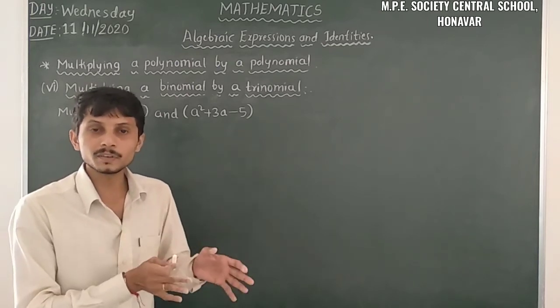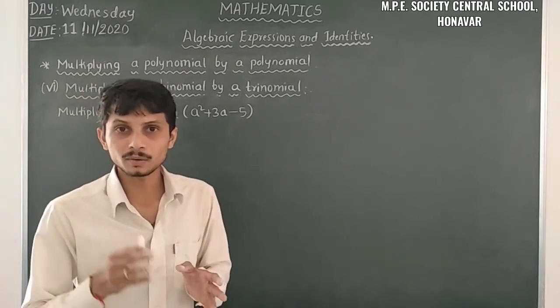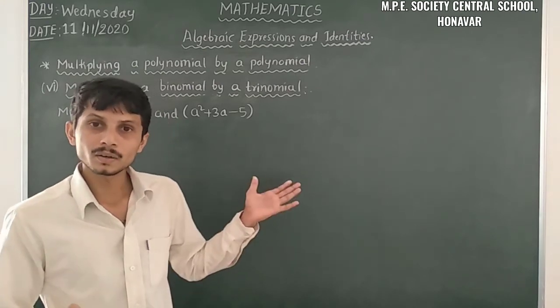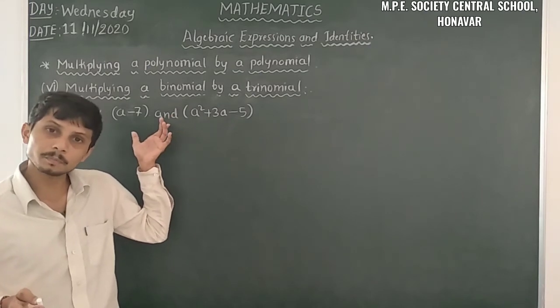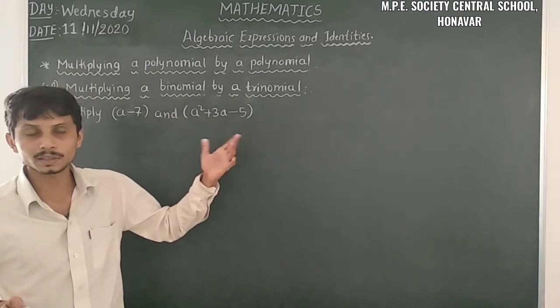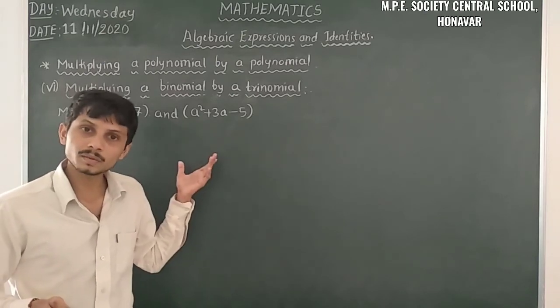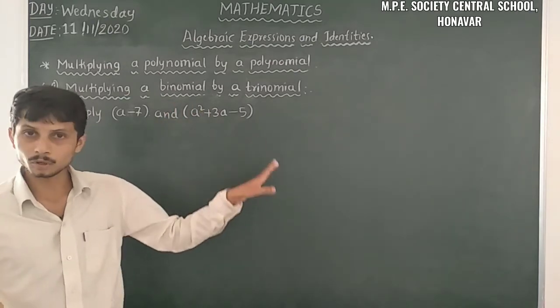We already learned multiplying a binomial by a binomial, in which we consider one of the binomials as a monomial. Here a binomial is there, and here a trinomial is there, so there are two chances. You can consider the binomial as a monomial or the trinomial as a monomial.